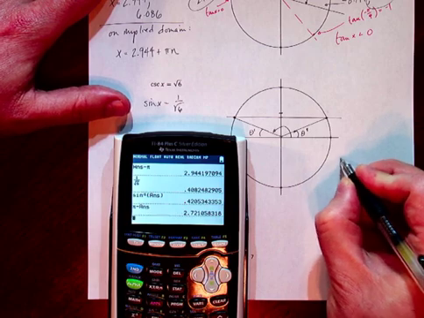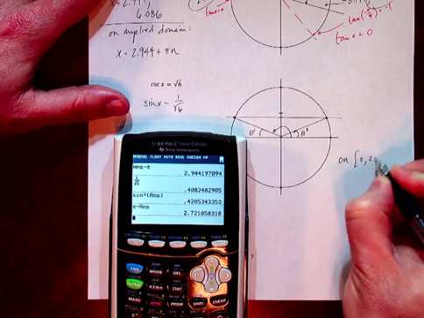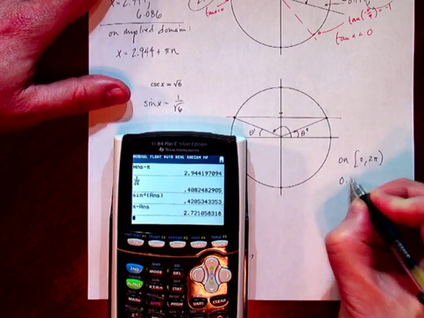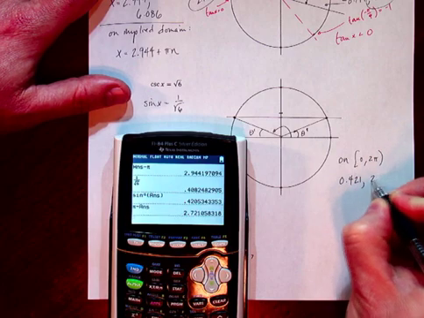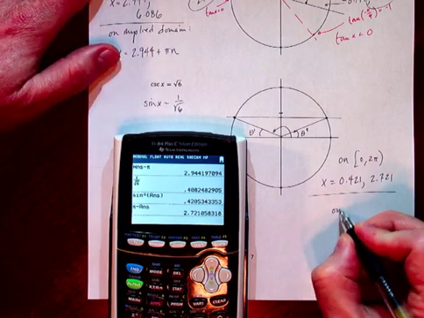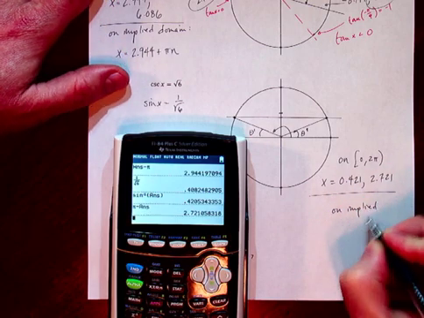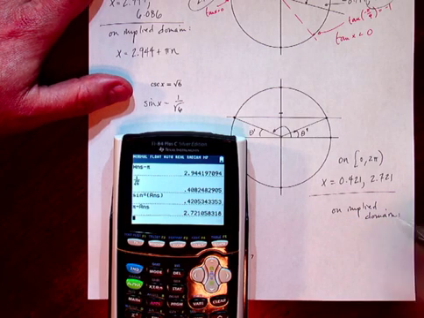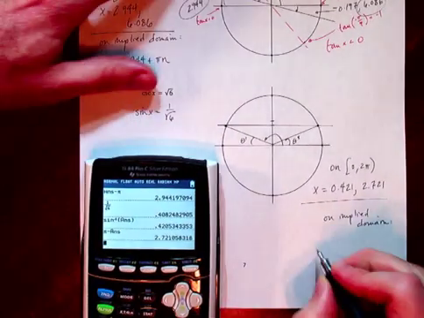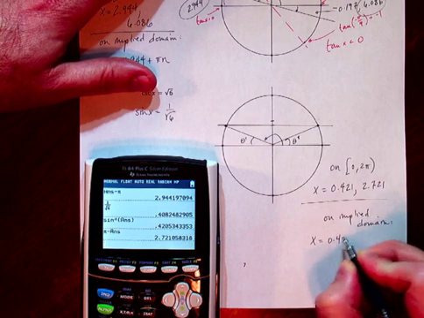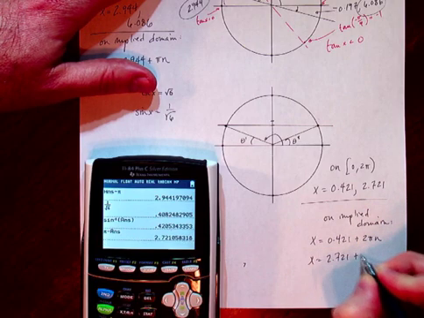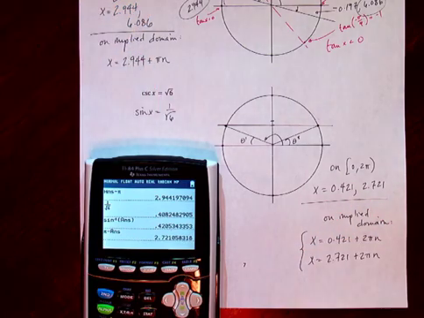And so if I'm asking for it on 0 to 2 pi, then I simply give this first and second quadrant angle measurements of 0.421 and 2.721. And if I'm asked for it on the implied domain, meaning no restrictions except for the restrictions placed on it by the form of the function itself, then I basically have x is equal to 0.421 plus 2 pi n, and x is equal to 2.721 plus 2 pi n, basically every period before and after that.